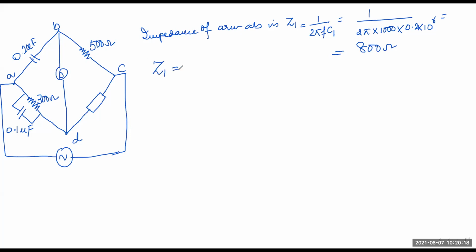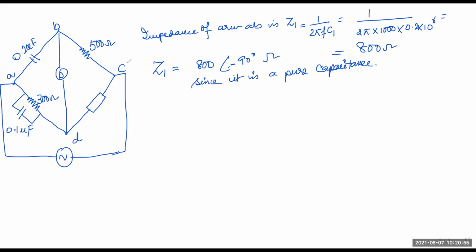Now Z1 I can also write as 800 angle minus 90 degree ohm. Why am I writing angle minus 90 degree here? Because it is a pure capacitance.